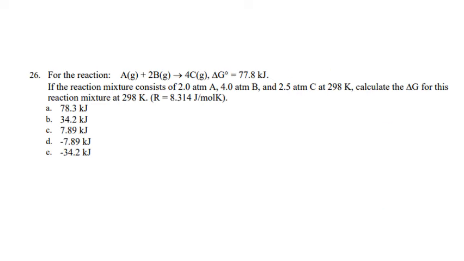For this question, I would say we can omit it as well because we haven't done this type of question. For this question we have to use the formula delta G equals delta G naught plus RT log Q, and we can calculate the Q from the given pressures here.